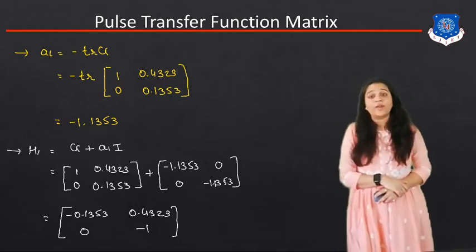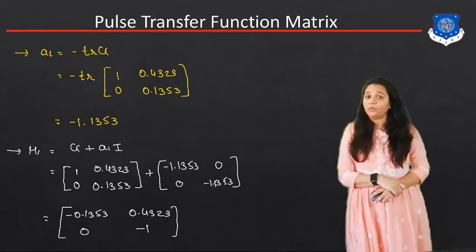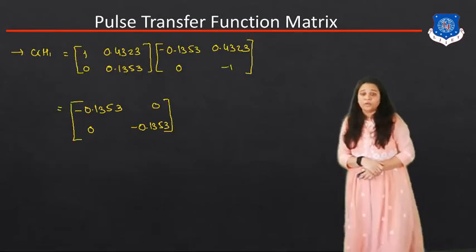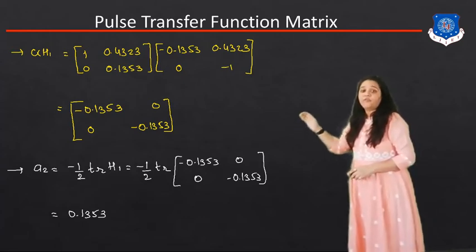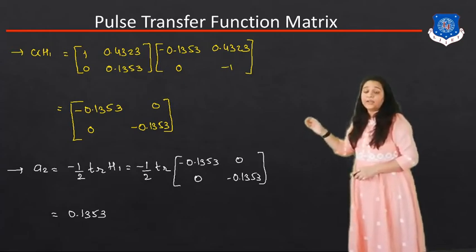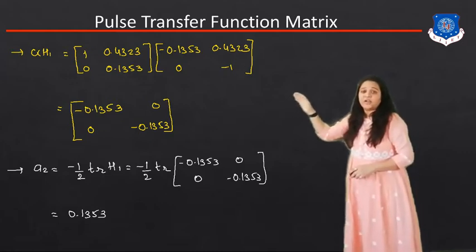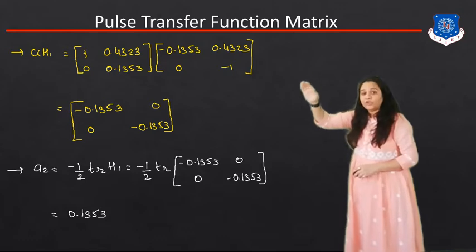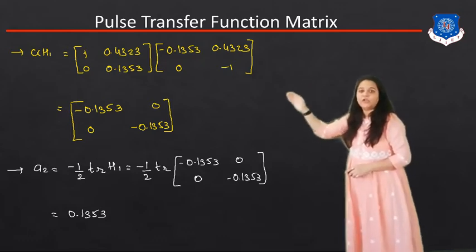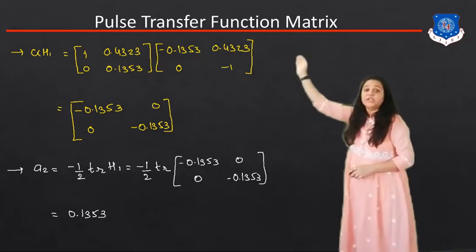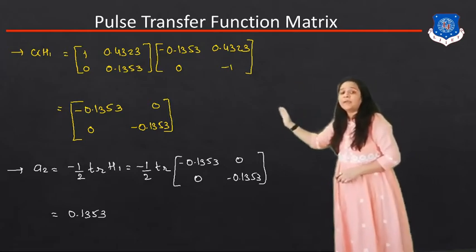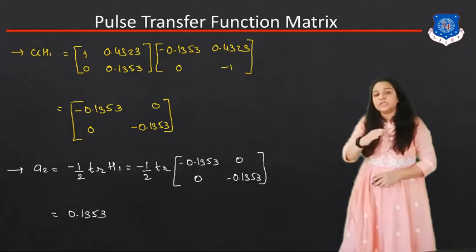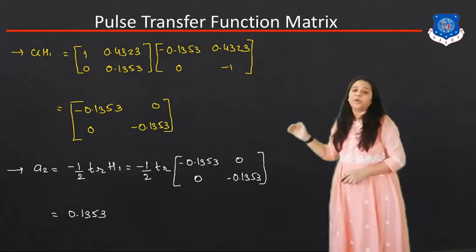Now next we have to find the value of a2, and the equation of a2 is minus 1/2 trace of G H1, and for that we have to find the value of G into H1. So G into H1 is [1, 0.4323; 0, 0.1353] times [-0.1353, 0.4323; 0, -1]. So we get [-0.1353, 0; 0, -0.1353].